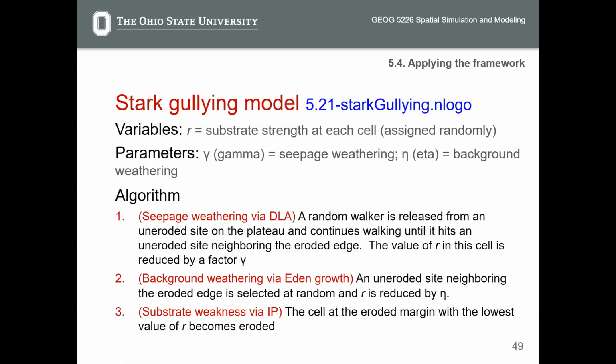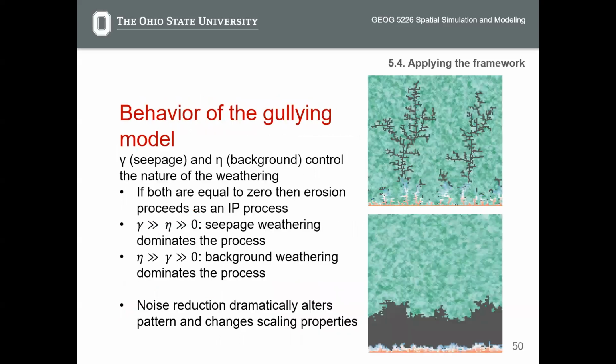Okay, so it looks complex because we're using DLA, Eden growth, and IP, three types of percolation and growth models in one simulation. But the logic here is very clear. IP is the basis. DLA and Eden growth are used to address two types of weatherings and their influence on IP, right?